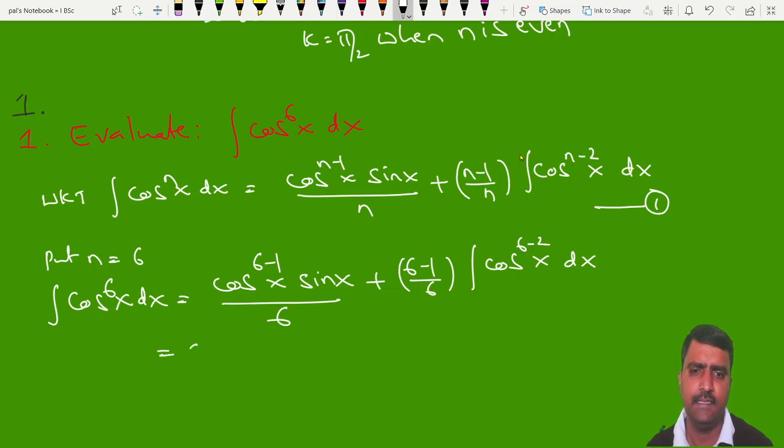Which is equal to cos to the power 5 x into sin x divided by 6 plus 5 by 6 into the integration of cos to the power 4 x dx.